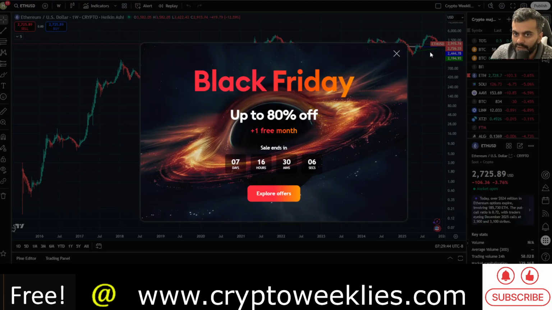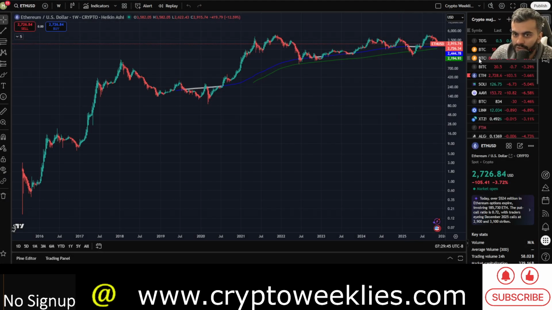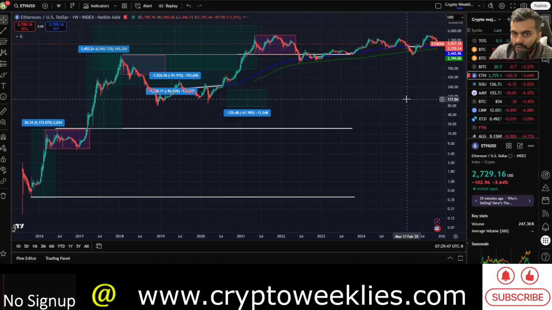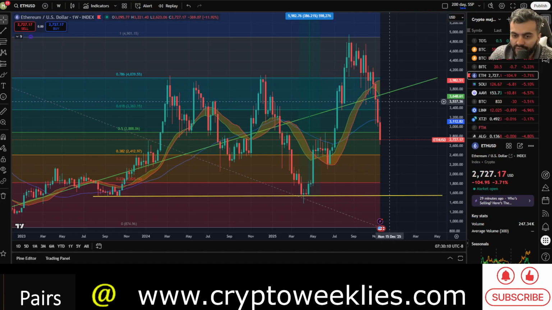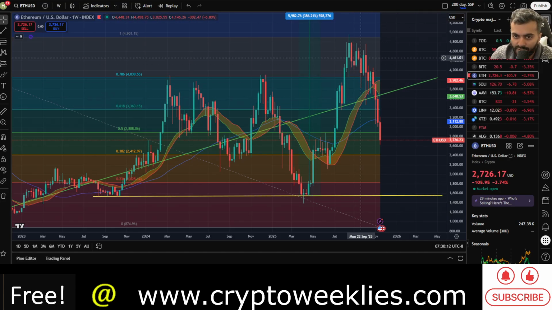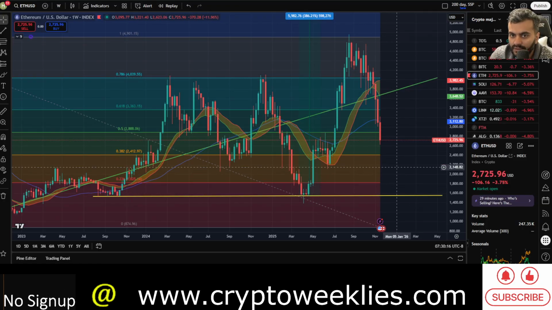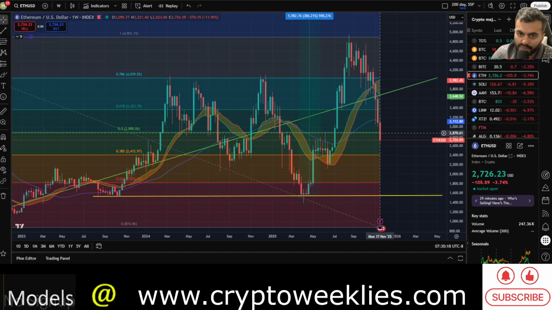I think the price for ETH is also right now in a free fall from the 20-week simple moving average, which is at around $4,000 roughly speaking, and the price is lower than not just the 20 weeks but also the 50-week simple moving average now, that the price is below $3,100.